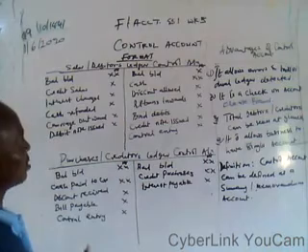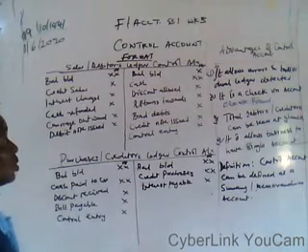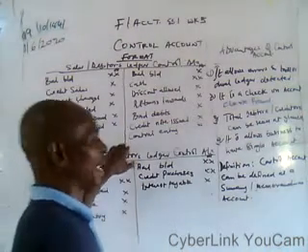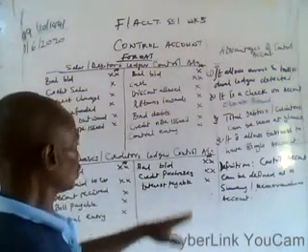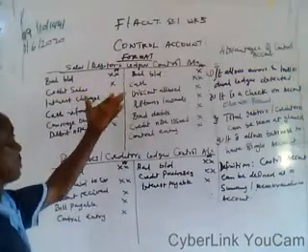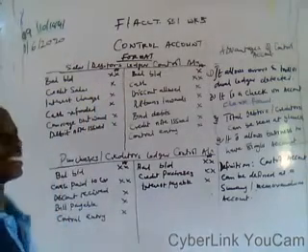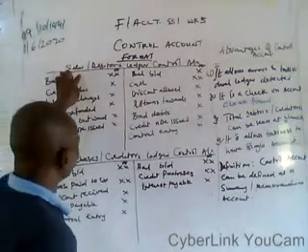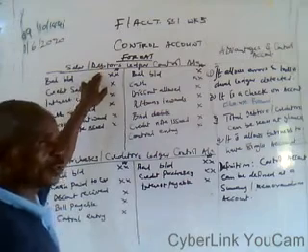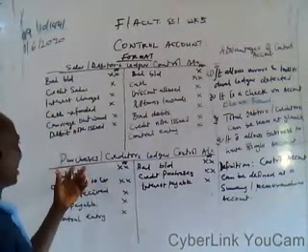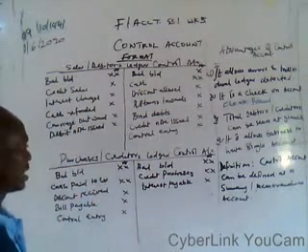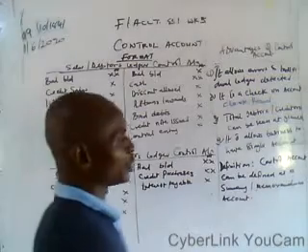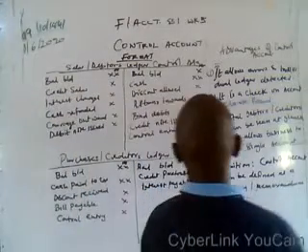And the format of the control account. We said we have two types of control account: the sales ledger or debtors ledger control account, and the purchases ledger or creditors ledger control account. Whichever you are asked to prepare, they mean the same thing.